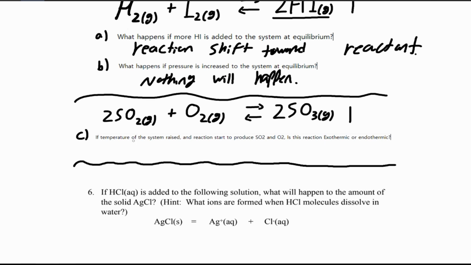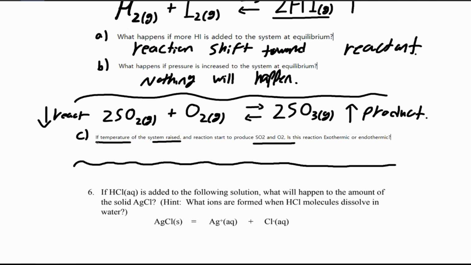It gives a hint: raising the temperature results in an increase of reactant, which are SO2 and O2. To produce SO2 and O2, which are reactants, we need to decrease one of the reactants or increase one of the products.